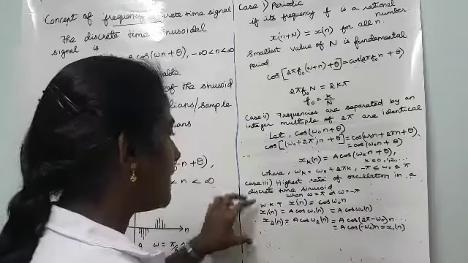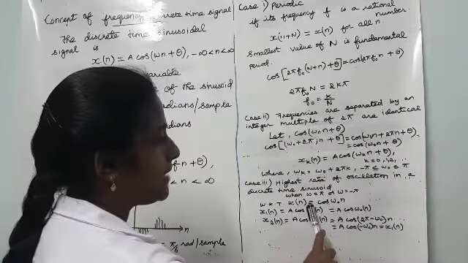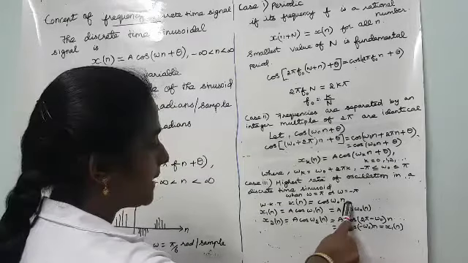We take the same example, x of n is equal to cos(omega naught n).